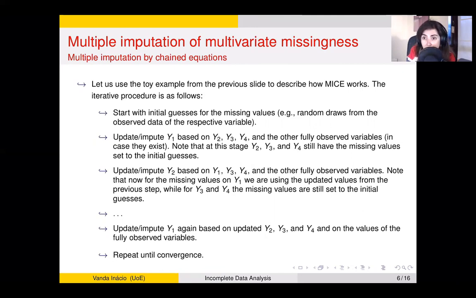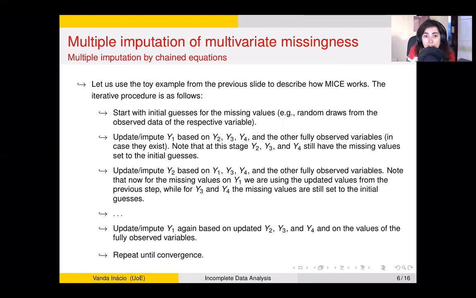I can use mean imputation, for instance, and we know that mean imputation is bad, or I can just use a random draw from the observed data for the different variables, a random draw from the values in y1 for imputing the missing values in y1, and the same for y2, y3, and y4. And by doing this naive step, I no longer have missing values. But I know that what I'm imputing is not of any value, because I'm using mean imputation or random draws from the observed data. So I know that this is just to start the procedure.